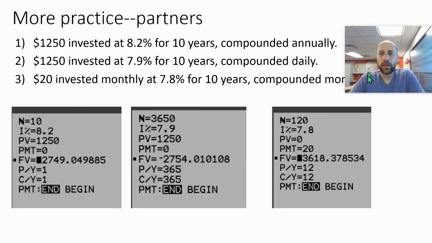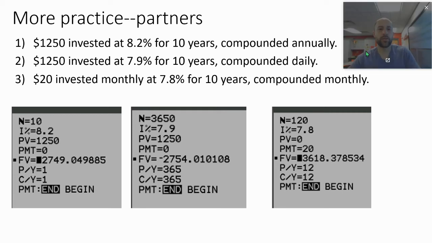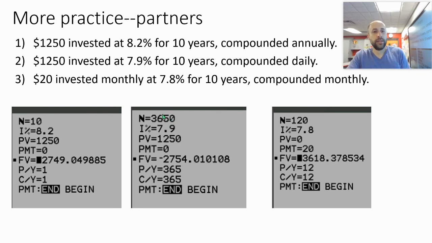All right, so here are your 3 calculation screens and your 3 answers. Again, just be careful, all of these are for 10 years, but the compounds differ. Compounded annually just means once per year. Compounded daily, so 365 times 10 is where you get the 3,650 for the capital N here.